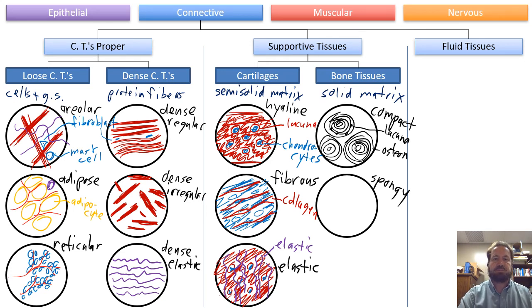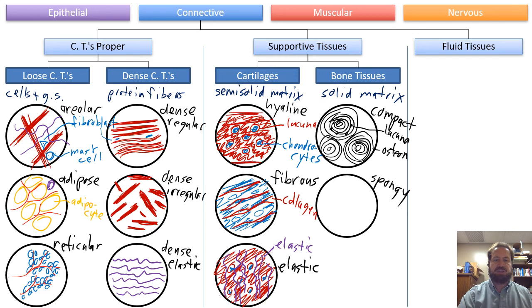Okay. We'll spend much more detail on looking at the structure of compact bone in a future lecture on the skeletal tissues in detail, so I'm going to leave my description of compact bone at that for right now.